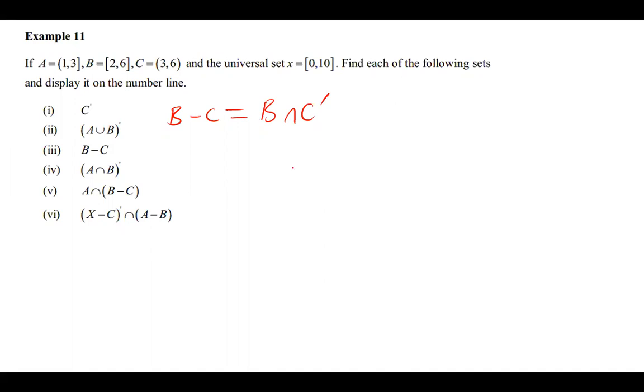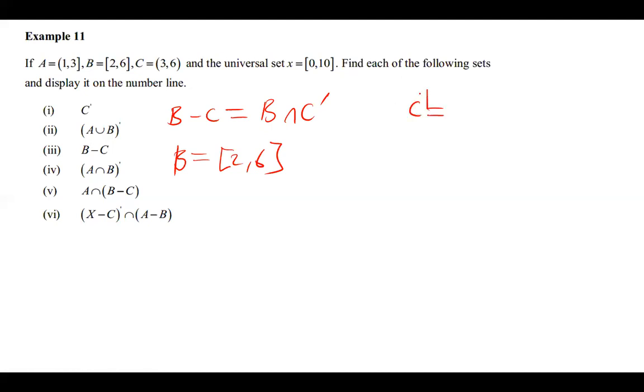Okay, so let us find this. Our set B has been given to us, and it is simply equal to 2 to 6. This is set B. And then C complement, let me write it here. We found it.